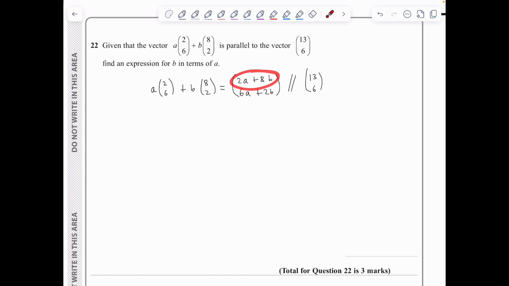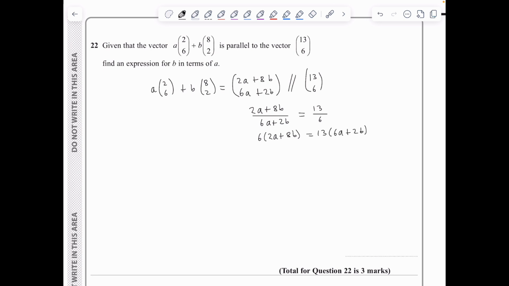Now we are told that this is parallel to 13, 6, which means that the ratio of the i component to the j component of this vector is exactly the same as the ratio of 13 to 6. So in other words, I can say that 2a plus 8b over 6a plus 2b is equal to 13 over 6. I will cross multiply, taking me to 6 times 2a plus 8b being equal to 13 times 6a plus 2b.